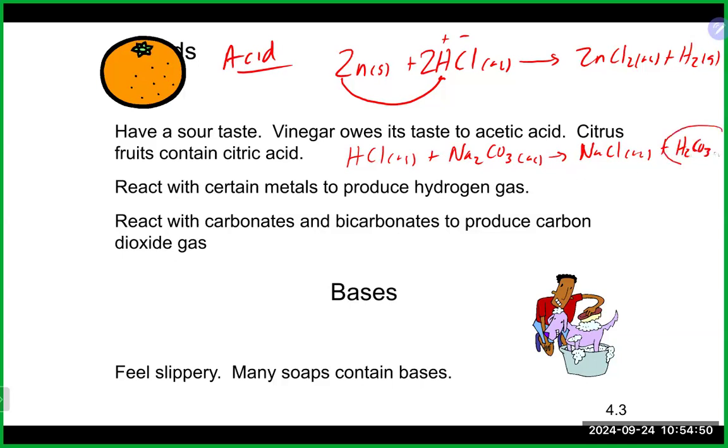That H2CO3 will quickly go through a decomposition reaction where it will produce H2O and CO2 gas, right? And plop, plop, fizz, fizz, a little balancing there as well as we go through it.